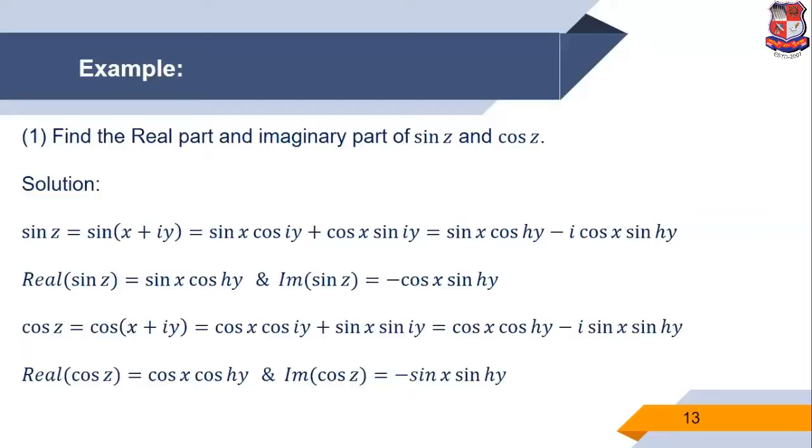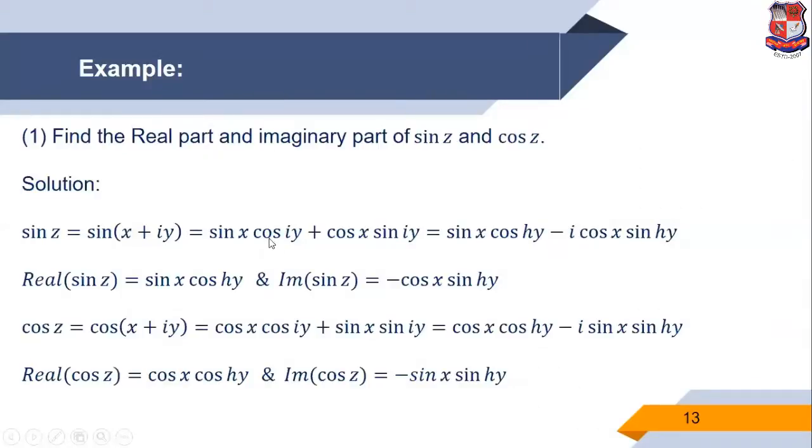Directly it is not possible, so which formula do we use? First we write sine z. z is nothing but x plus iy, so we write sine of x plus iy. Now we know the formula sine of a plus b is sine a cos b plus cos a sine b. That means sine x cos iy plus cos x sine iy.